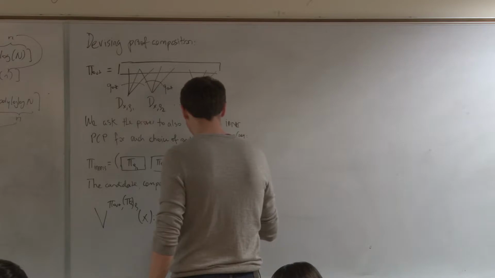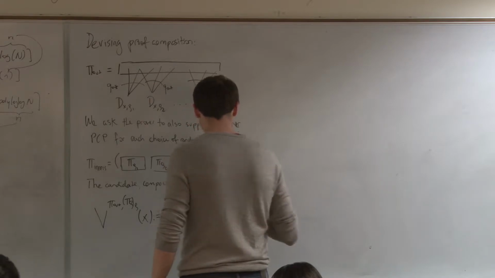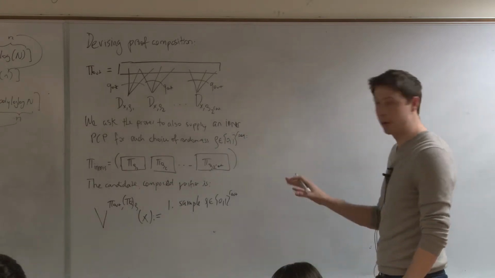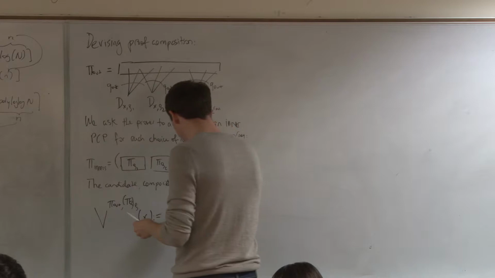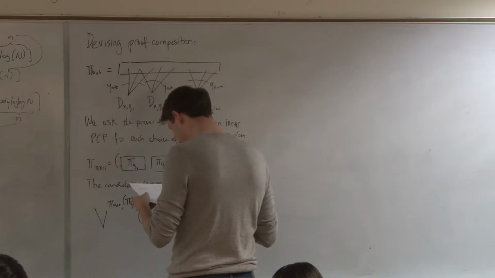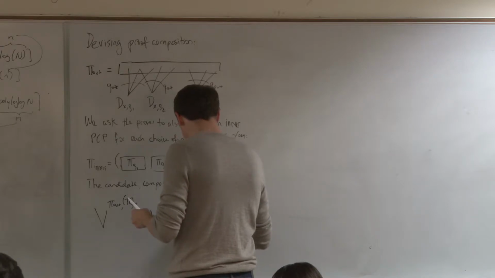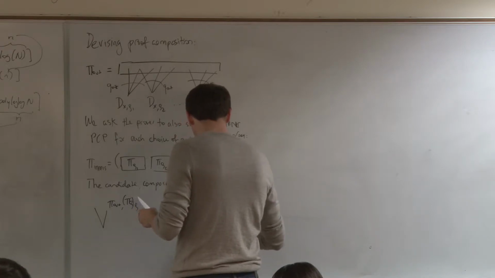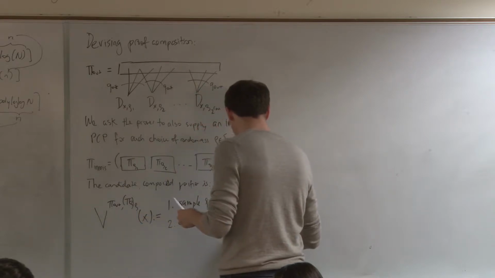It will sample some randomness for the outer PCP, right? And then it will check that V pi row given dx row equals 1.